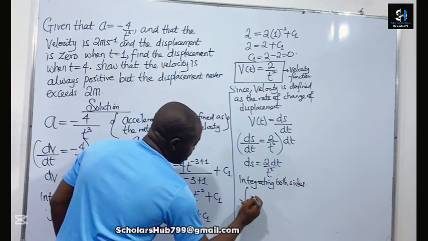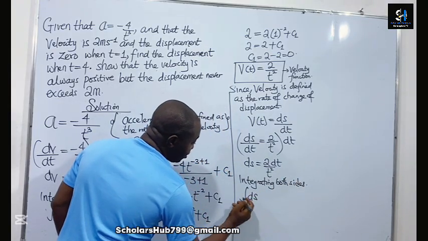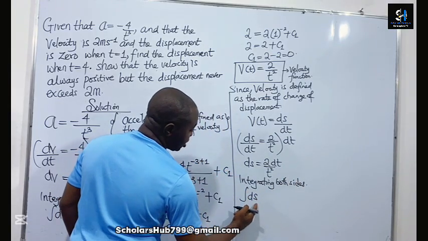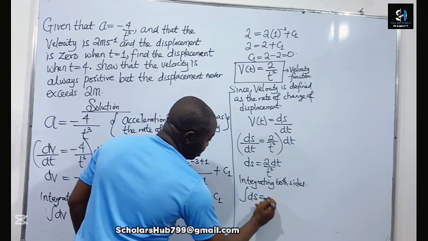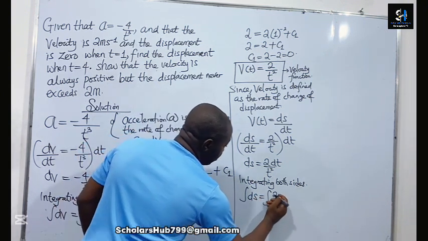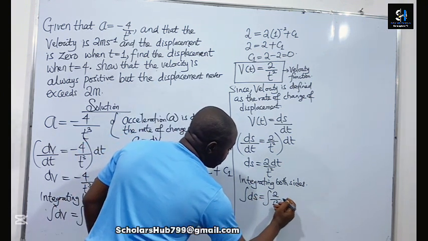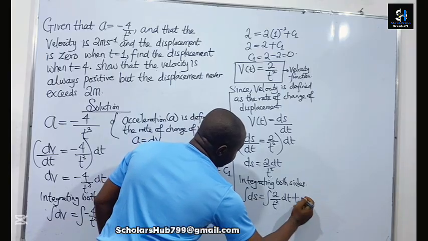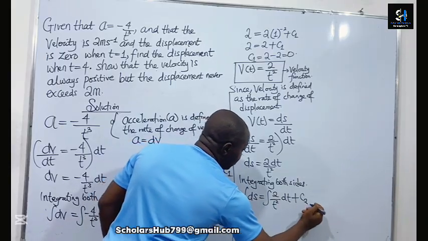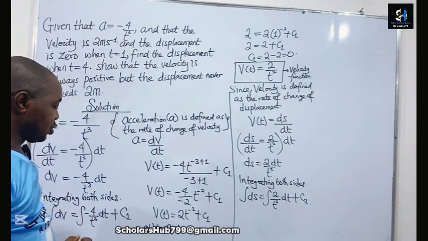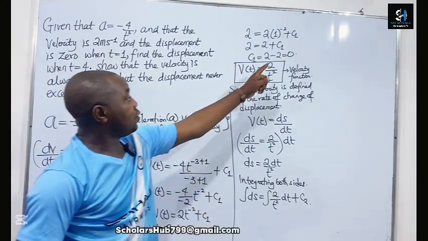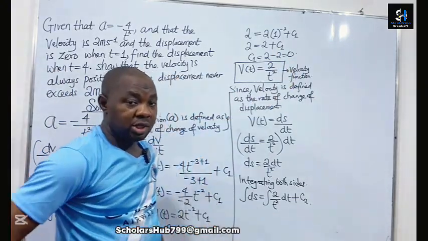Okay, we have that the integral of 1 with respect to x, this will be 1 ds, will be equal to the integral of 2 over t squared with respect to t plus the second constant of integration. Now we have our value for c1 to be equal to 0.